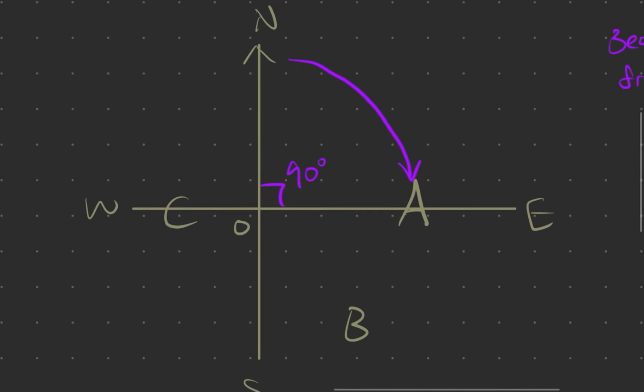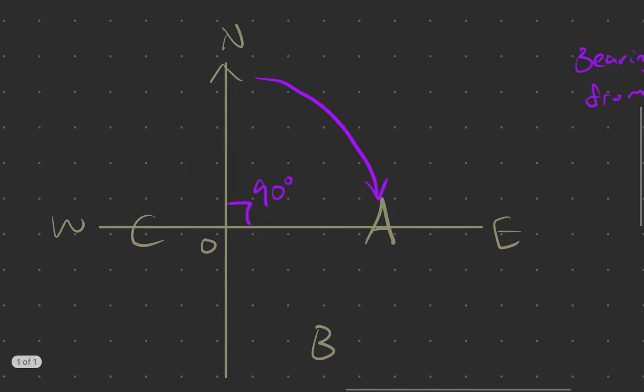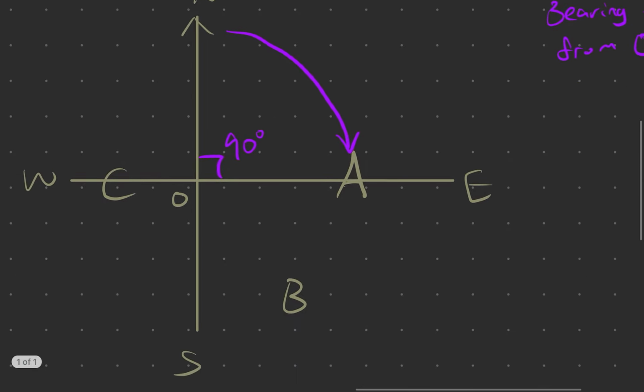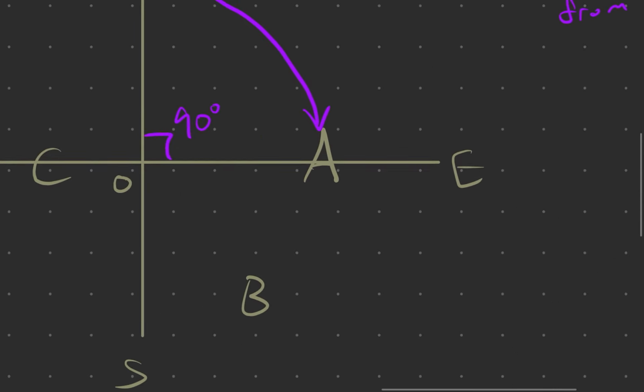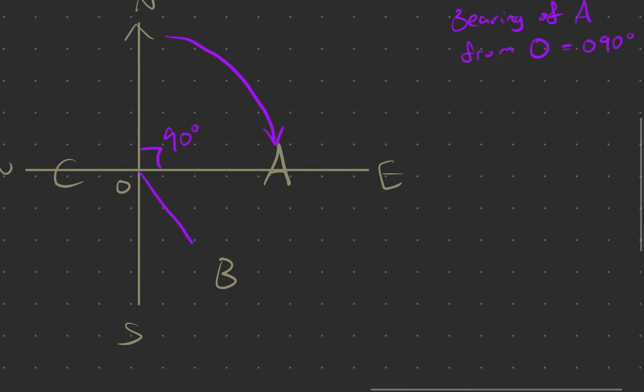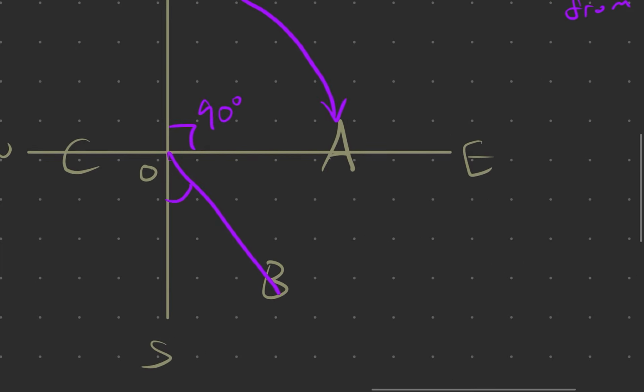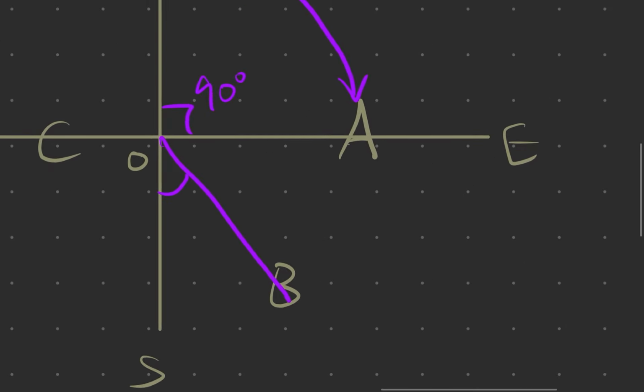Okay, now how do I find B? Now let's say, for example, they gave me the angle over here. From this line to B, the angle from B to the south is, let's do, 36.9.